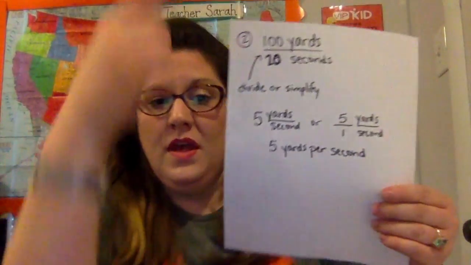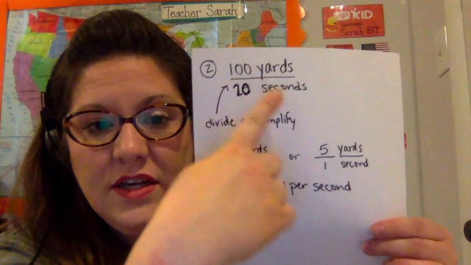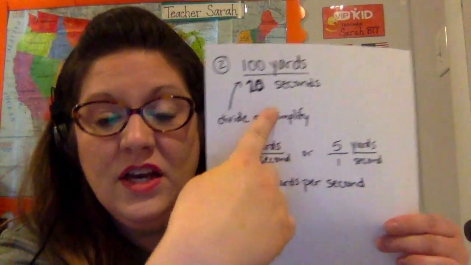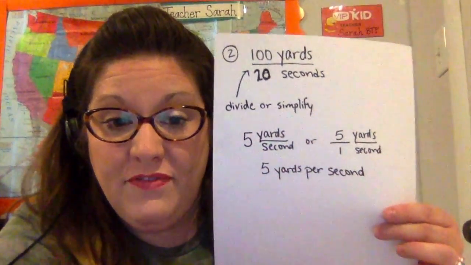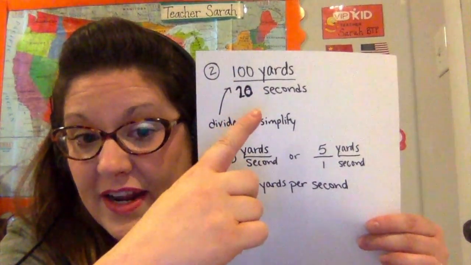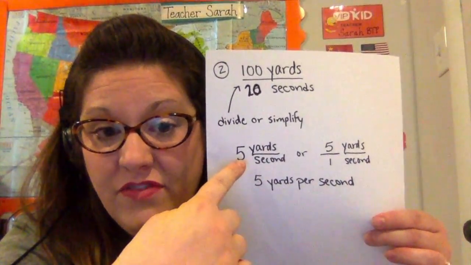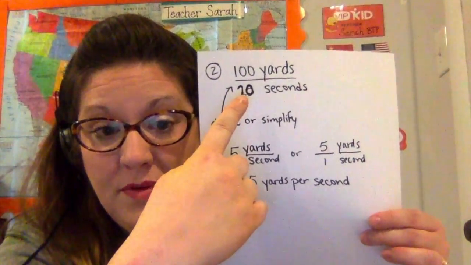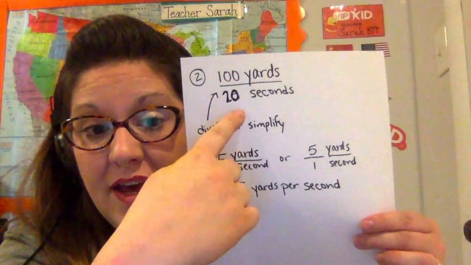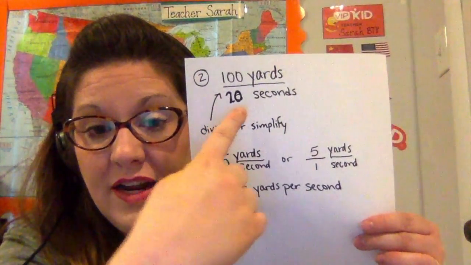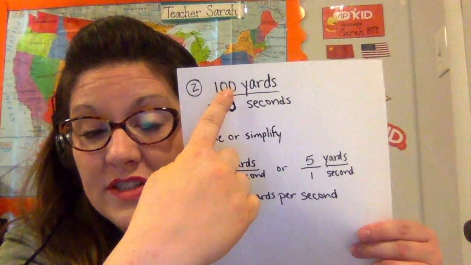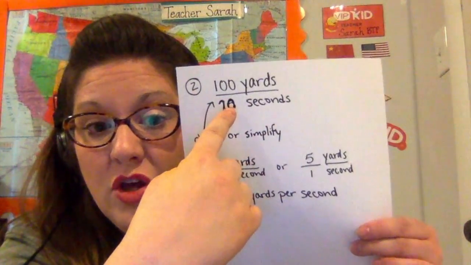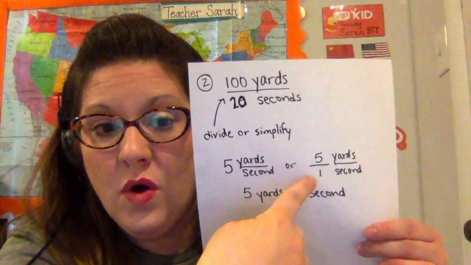So let's look at our math involved here. We'll set up a fraction again, or a division problem. 100 yards in 20 seconds. Again, we're going to divide or simplify this fraction. We know that 100 divided by 20 is 5, or you can think of it as simplifying. 20 is a GCF of 100 and 20, so 100 divided by 20 is 5, 20 divided by 20 is 1.